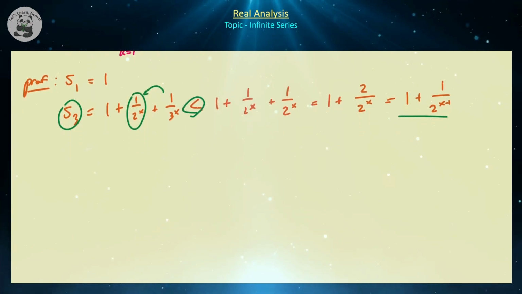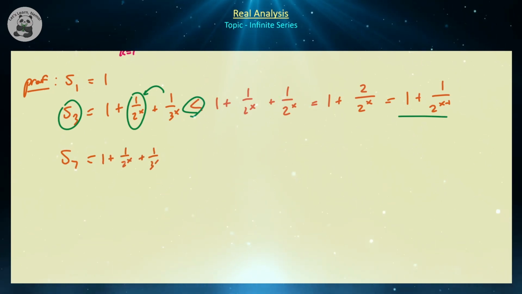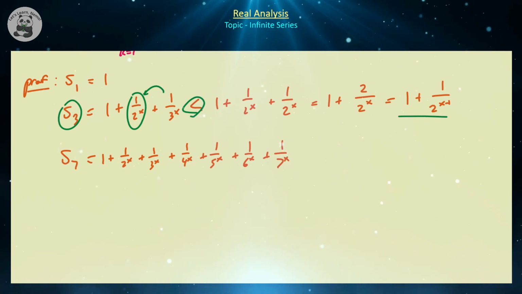The next term I'm going to look at is not S4, S5, or S6. I'm going to look at S7. You're probably wondering why, and that will become obvious in just a moment. Let's list out these first few terms: 1 over 2 to the x, 3 to the x, 4 to the x, 5 to the x, 6 to the x, and 7 to the x.